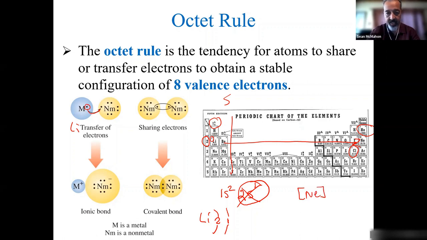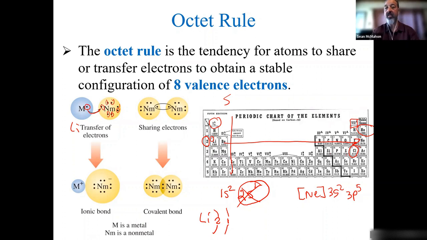And then it would be a 3s2, 3p5. So it's in group 7A. Why is chlorine in 7A? Because it has 7 valence electrons. So what do we have? 7 dots. 1, 2, 3, 4, 5, 6, 7.